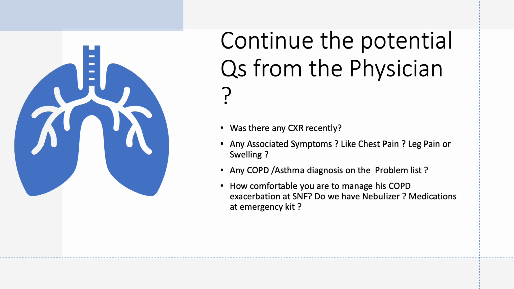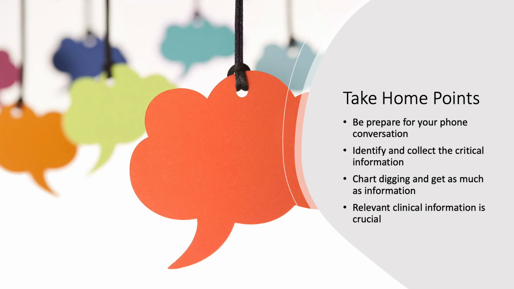Your sound of confidence is everything in the telephone encounter. The take-home point is be prepared for your phone conversation. Always be prepared. Do not just look at the symptoms and go to the phone, or just go to your texting and give them some information. Be prepared. Collect the most critical information. Identify what the clinical critical information is and take it on. Dig into the chart for as much information as you can.